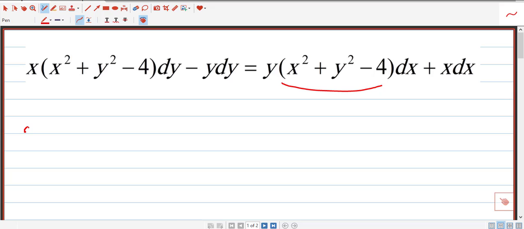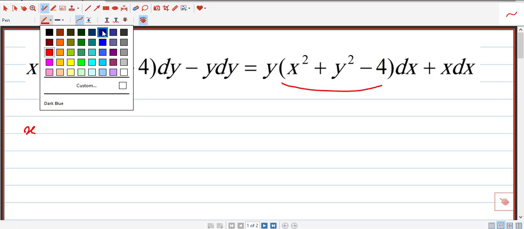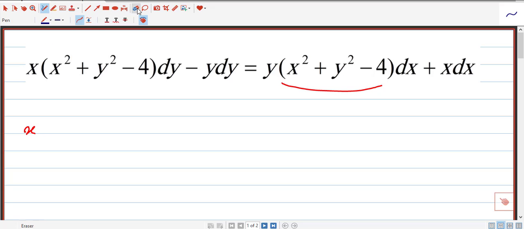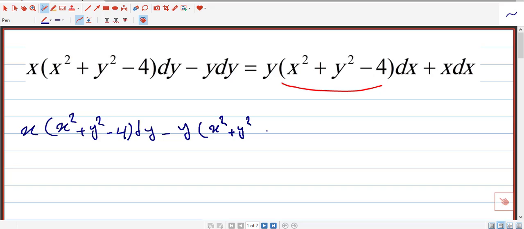So x, I change the color, I think blue is better. x multiply x squared plus y squared minus 4 dy minus y times x squared plus y squared minus 4 dx equal to x dx, and this part of the equation moves to the other side, plus y dy.